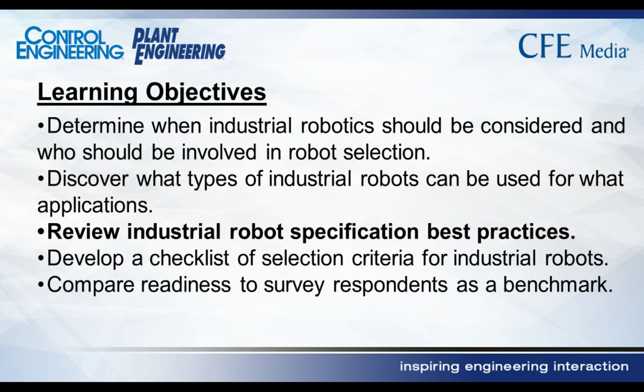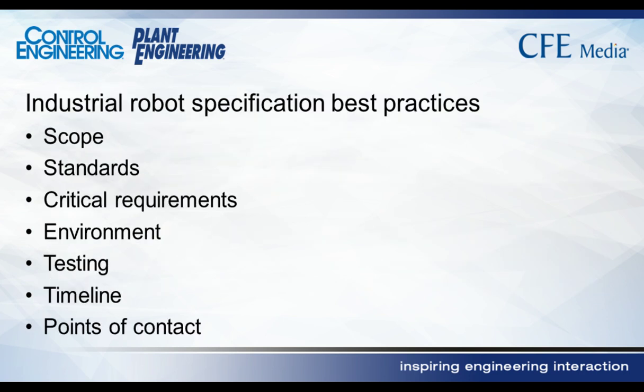Thank you, Ian. So for this learning objective, view industrial robot specification best practices. We're just going to take a look at a few of the specifications. One thing that I can't stress enough is that these bullets are used as a reference specifically to design a robotic specification.